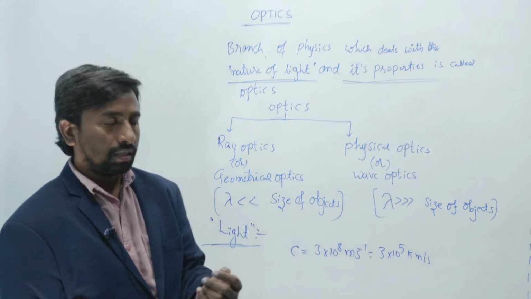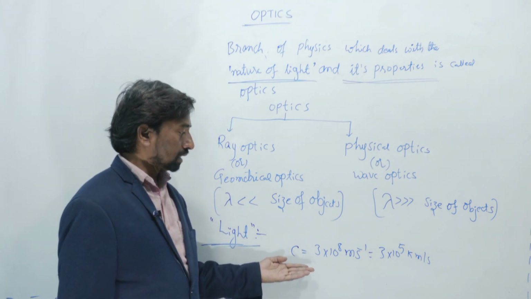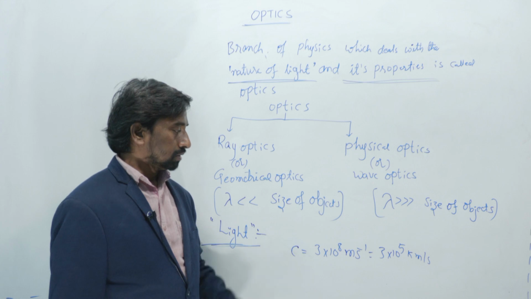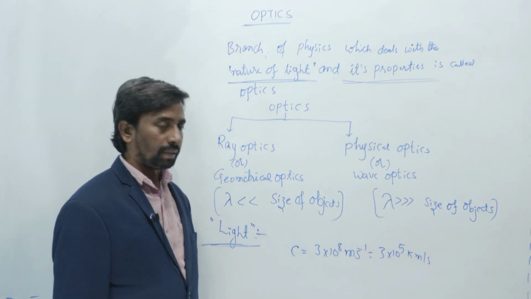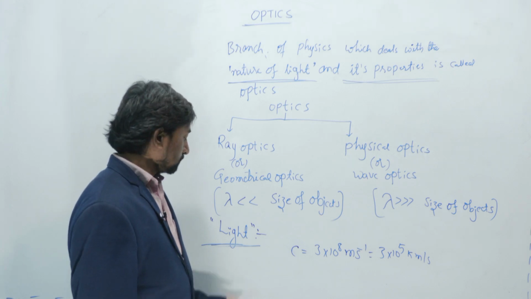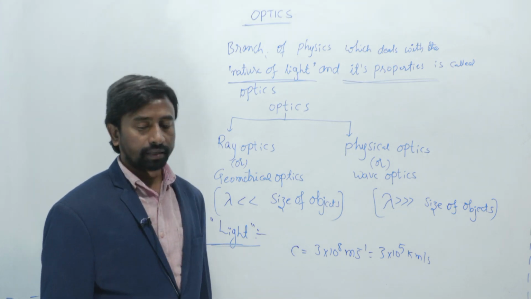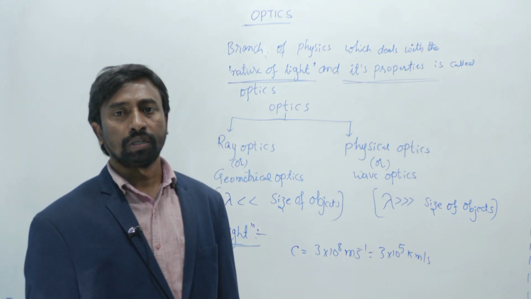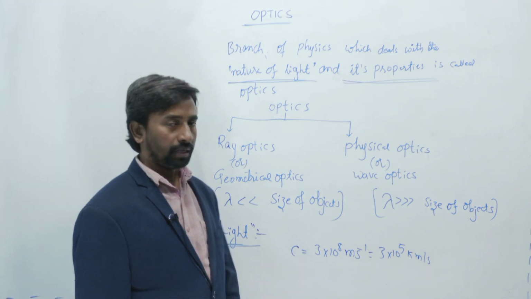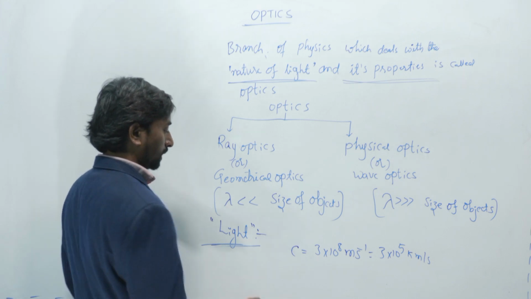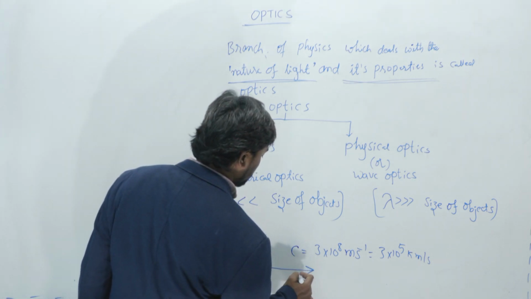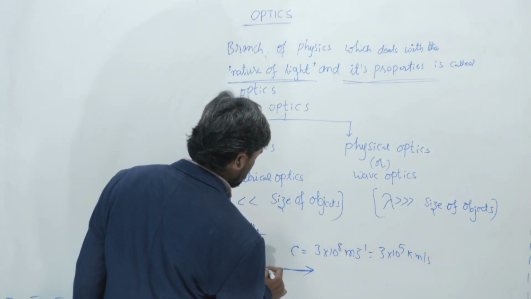Light travels in air or vacuum at 3 lakh kilometers per second, or 3 into 10 to the power of 8 meters per second. While traveling in a medium, it travels in a straight line path. That straight line path is known as the light ray.